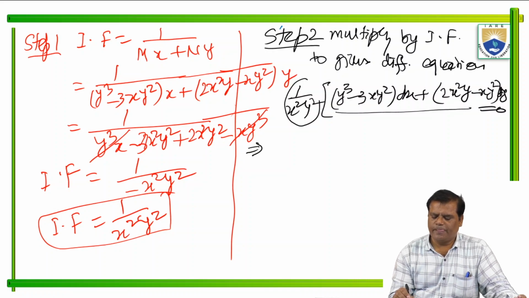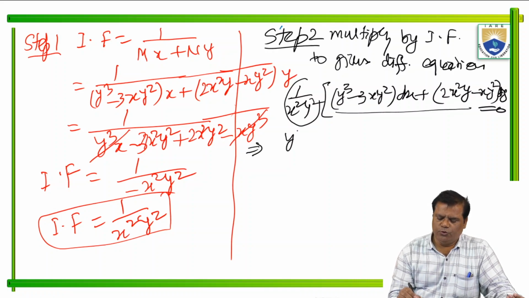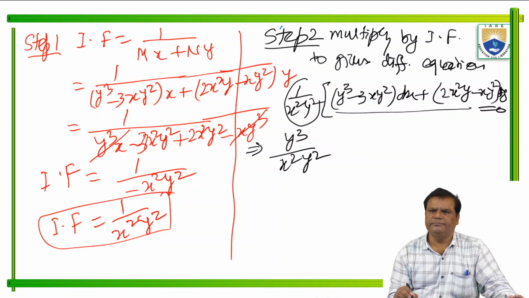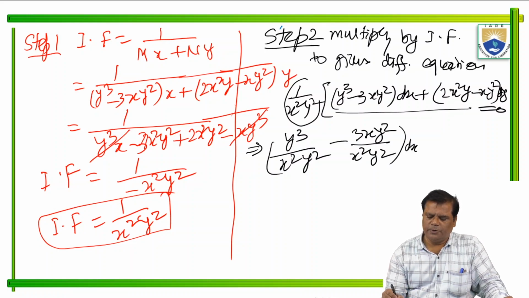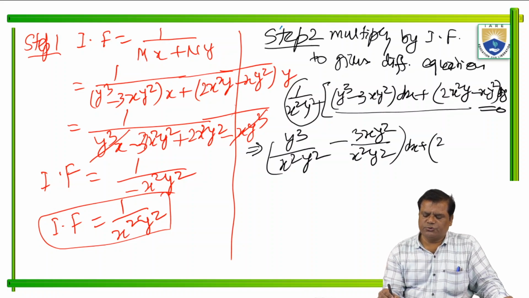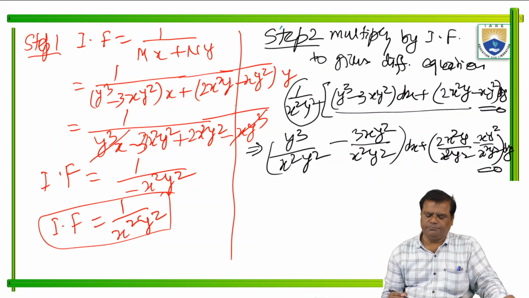Multiply by this: y cube upon x square y square dx, minus 3xy square upon x square y square dx, and plus 2x square y upon x square y square, and minus xy square upon x square y square dy equal to 0.